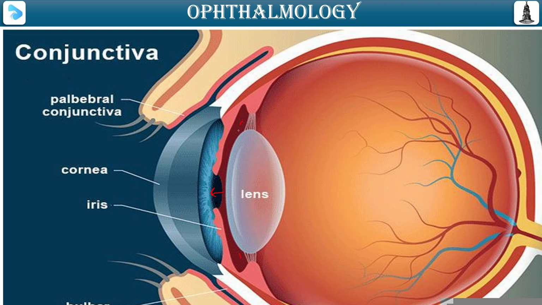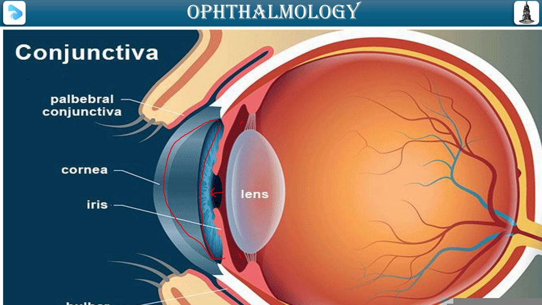Yes, absolutely. This space is called the posterior chamber, and that space is called the anterior chamber. If I asked you what are the boundaries of the anterior chamber, you'd say this is the cornea, and this is the iris. So the anterior chamber is between the cornea and the iris.